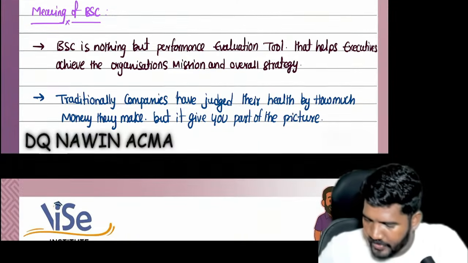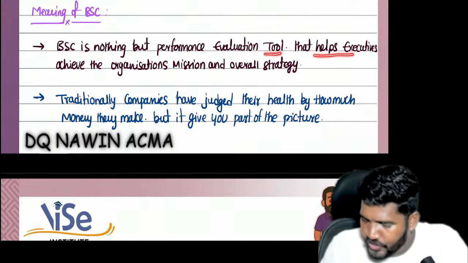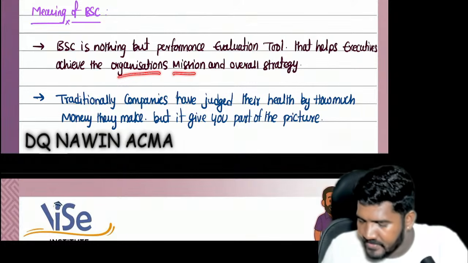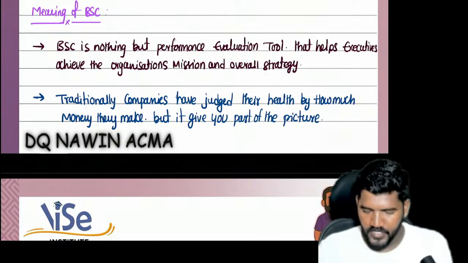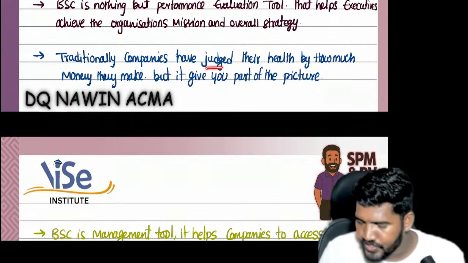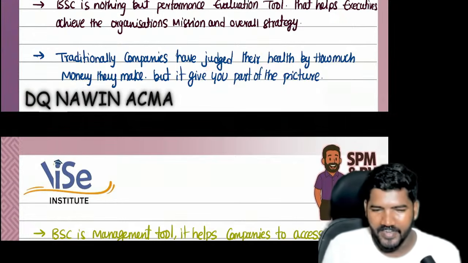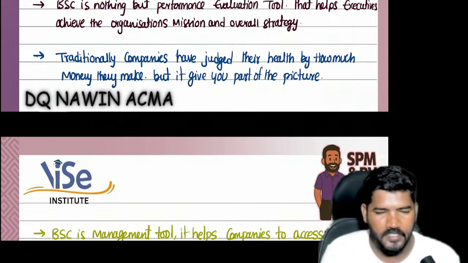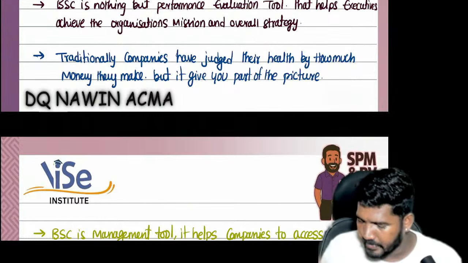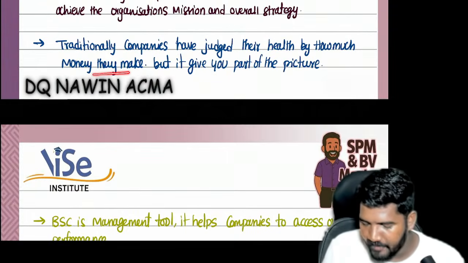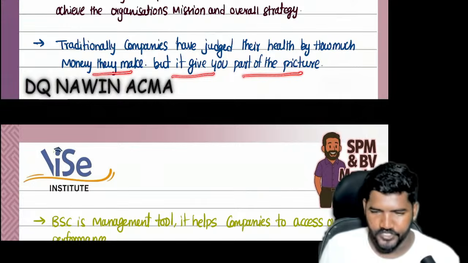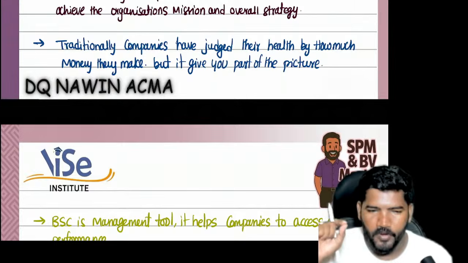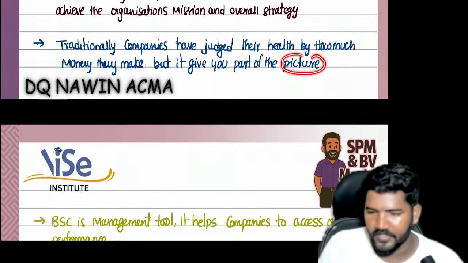Now, it is a tool that helps executives, that is, top-level management, achieve the organization's mission and overall strategy. Let us check. Traditionally, companies have judged their health. Health doesn't mean our health, guys. Company health means the financial position of the company, how much money they make. But it gives you only part of the picture. Traditionally means outdated. If they focus only on the money point of view, it provides only part of the picture.